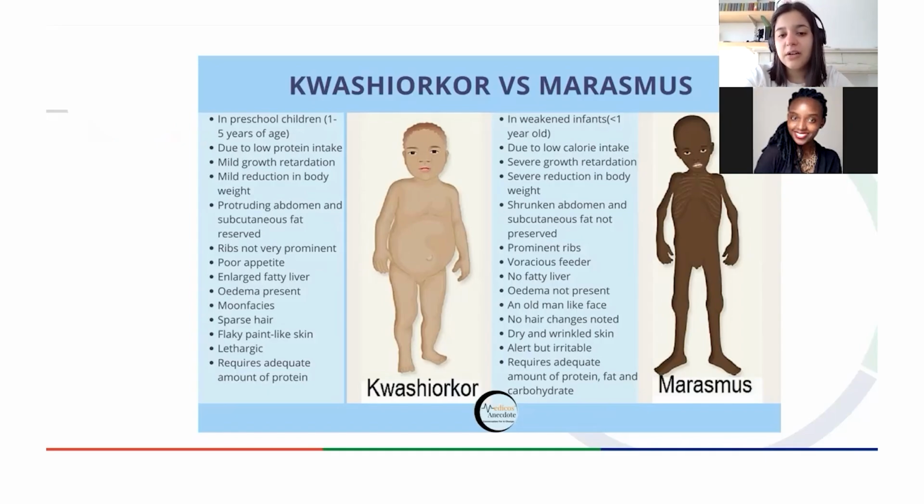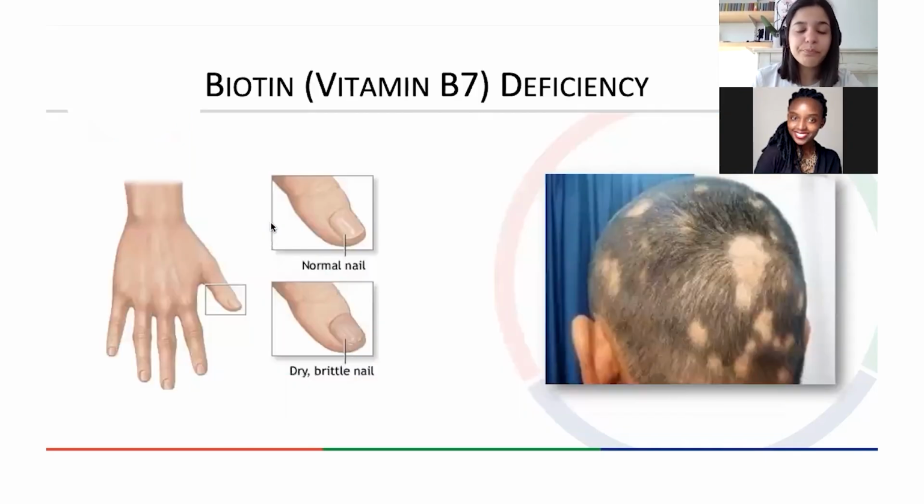There is no fatty liver whatsoever. There's no edema. And the children become very irritable. So they don't get lethargic at all. They get very hungry and angry as well. This means they not only require adequate amounts of protein, as in kwashiorkor, but also the right amounts of protein, fat, and carbohydrates. So this is really an energy problem.